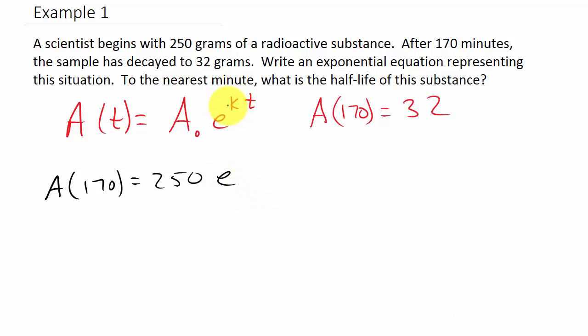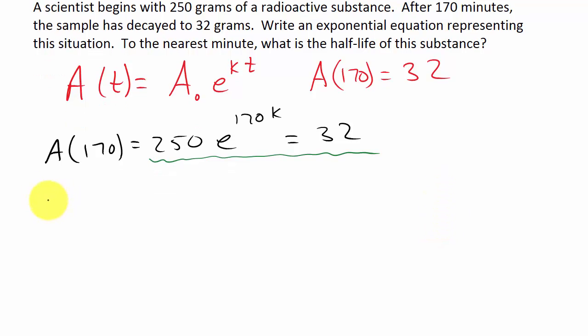Now we don't know what k is, but what are we substituting in for t? The 170. So that's 170k. And after we evaluate it, that should equal 32. So look what happens here. We have an equation we can solve. So let's solve this.